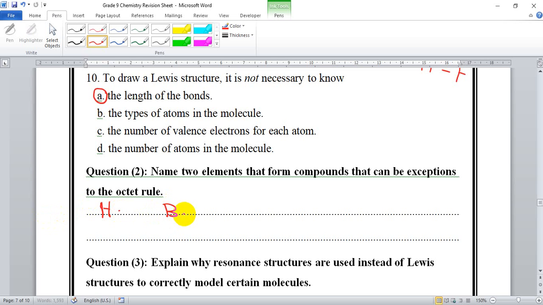Boron has only 3 electrons. So these 2 examples are elements that form compounds that can be exceptions of the octet rule. When they form bonds, they do not necessarily form 8 electrons around it.